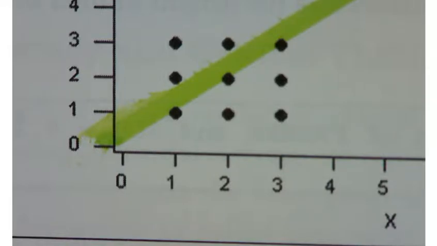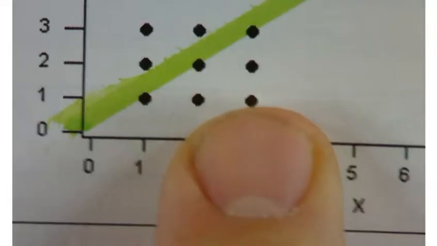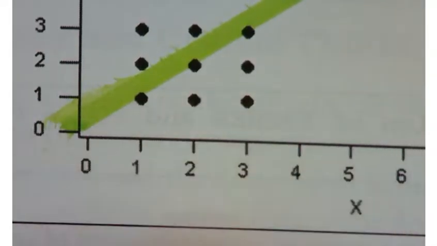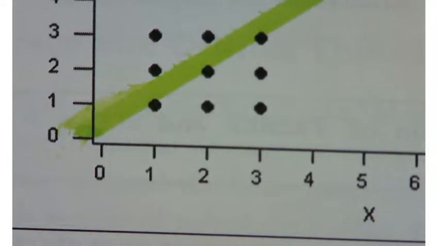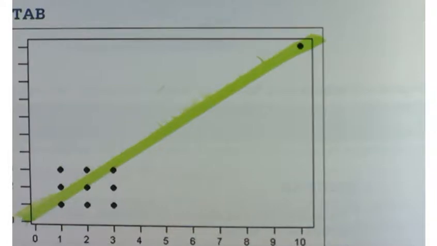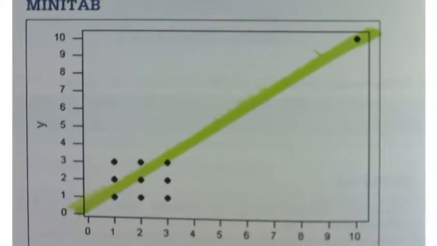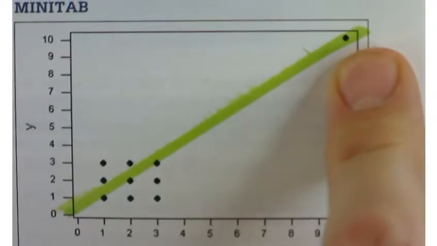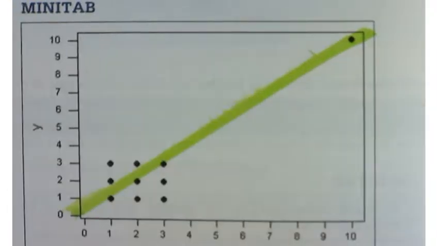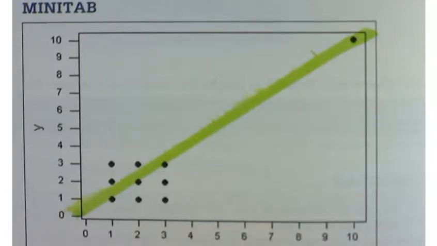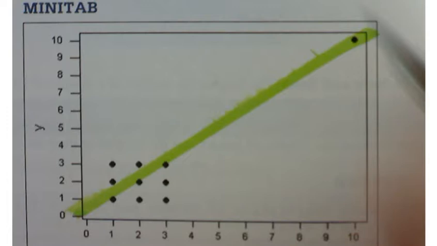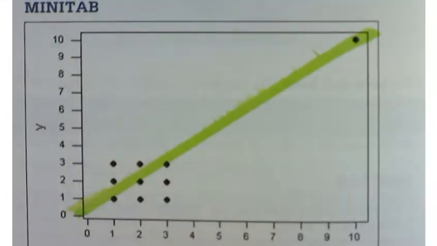Here, there's nothing. It just looks random. And that randomness would be reflected in a value of r equals 0. But this one out here gives it a lot of influence. Now, the nice thing about your stat packages is that they'll help you measure what are influential values. But this one, yeah, has an awful lot of influence on our final conclusion.